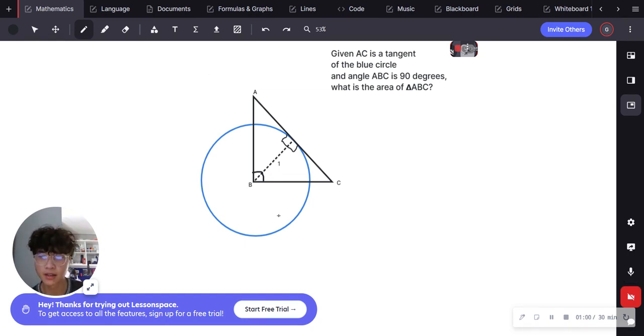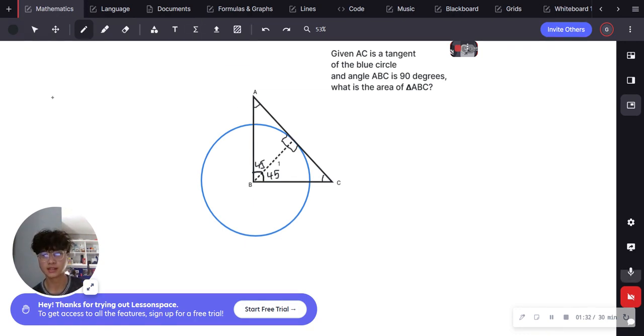Okay, and angle ABC is bisected because these two triangles are congruent. So this will be 45. That will be 45. Now, we need to find this angle and this angle.